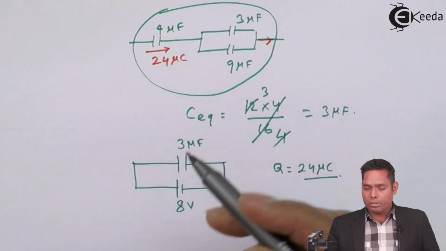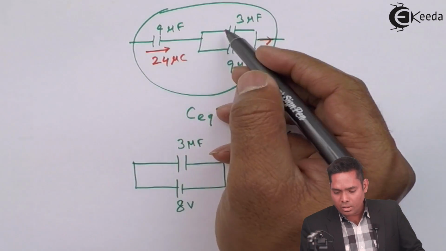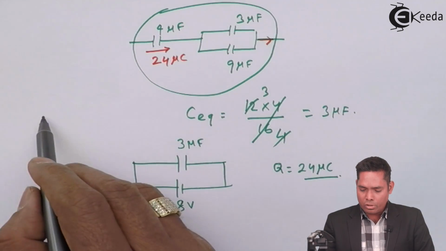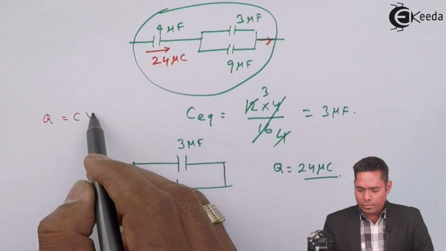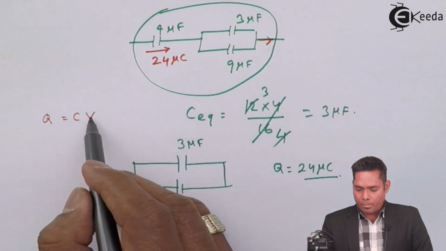How is that 24 divided? How to distribute the charge when the potential is same? Again we'll use this concept, Q is equal to CV. Here V is same.